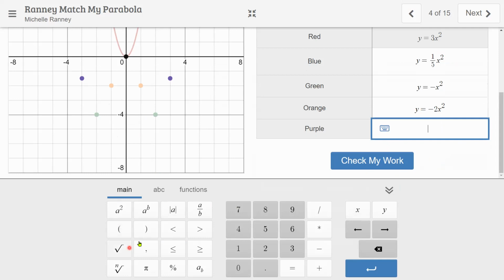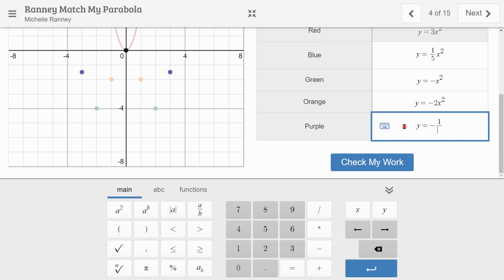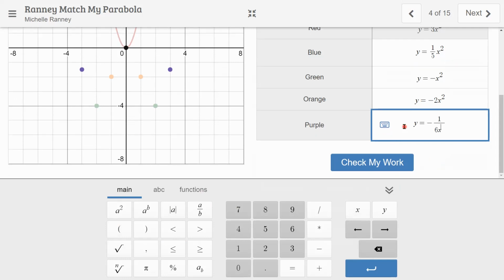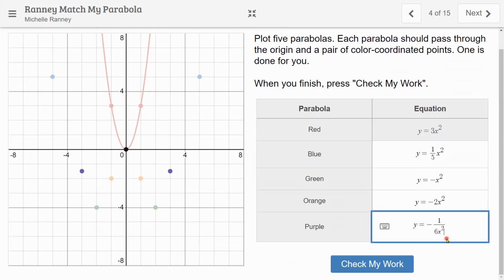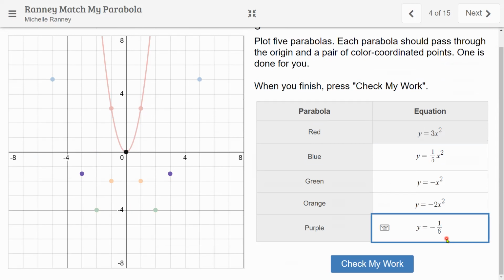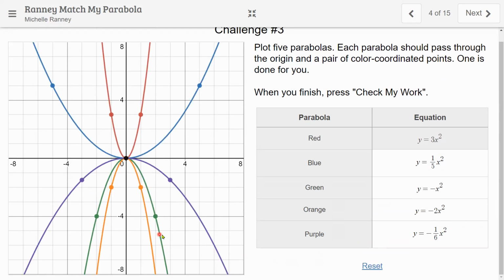We can normally on our thing. So this is going to be y is equal to negative 1/6 x squared. And check my work. Whoops. I did not get out of my denominator. x squared. And when I check my work, you see it went through it.